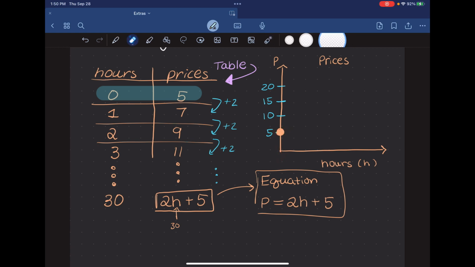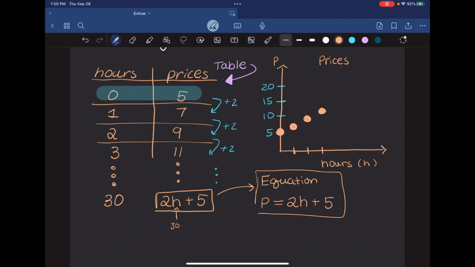And then I could do the same thing when 1 hour has passed, then I'm at a price of $7. When 2 hours have passed, I'm at a price of $9. When 3 hours have passed, I'm at a price of $11, and so on and so forth.